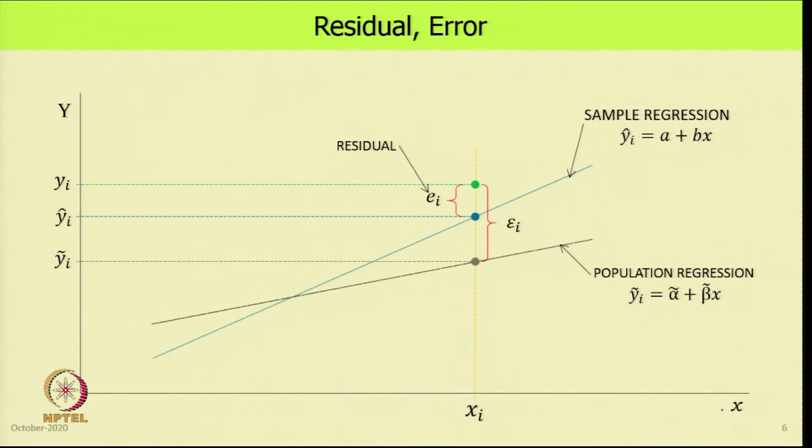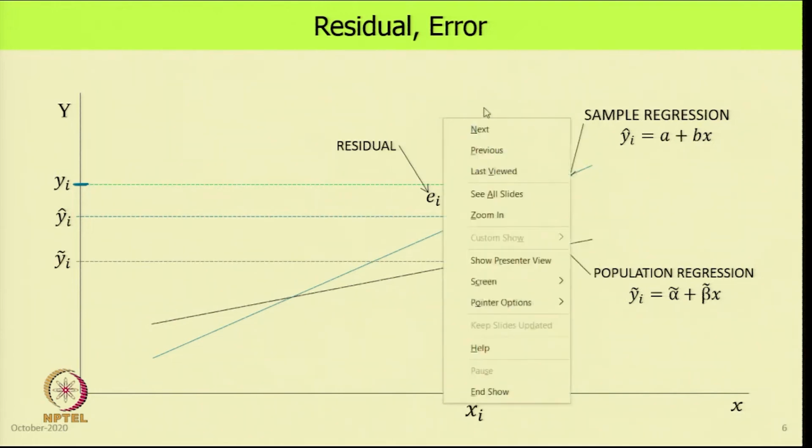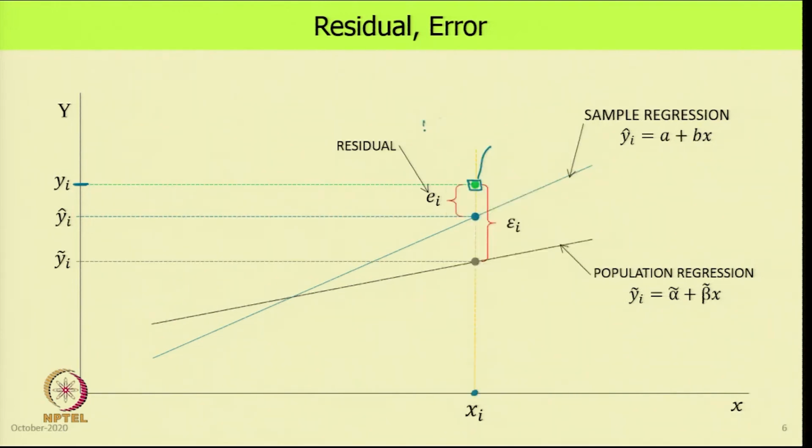On the x axis, it is the independent variable x, and here we have taken one point x I. And from the experiment, we got this point which is y I. So, this is our point that came from the measured value, the experiment. This is what we know.